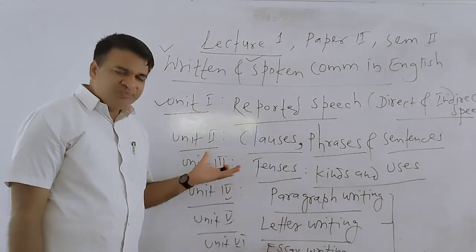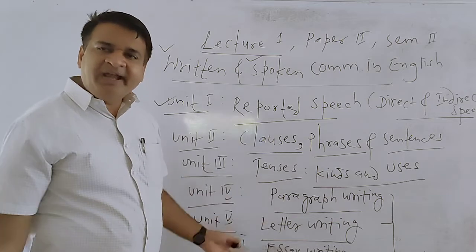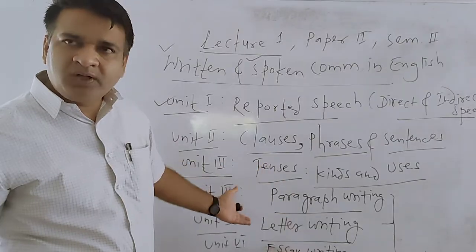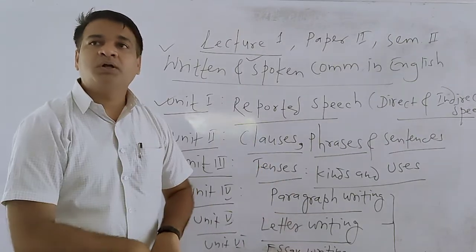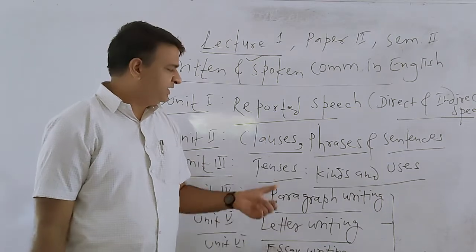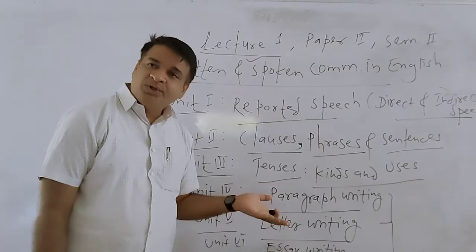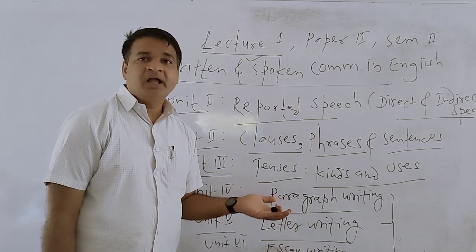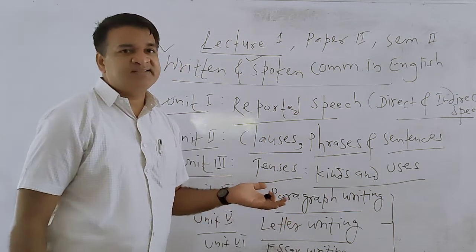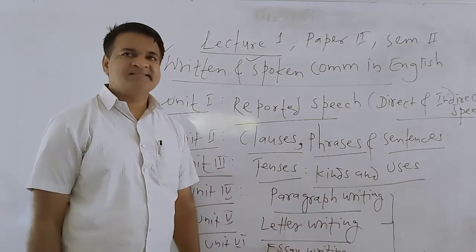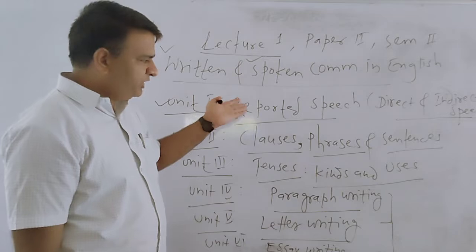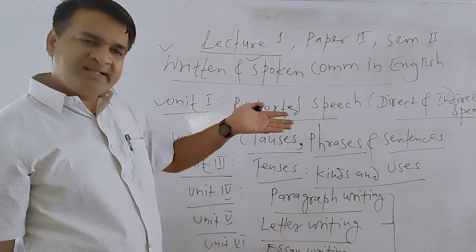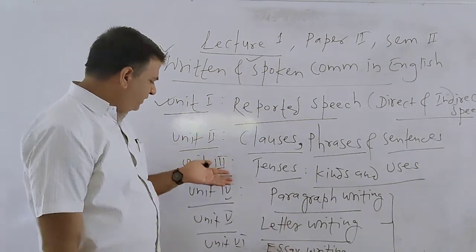This section will give you a detailed idea of how many types of clauses there are and which type of clause is used in sentences. Then for phrases also, you will get knowledge of various phrases and their uses in sentences. Then you have sentences and their types. Reported speech, clause, phrase, sentence are also very useful for you.